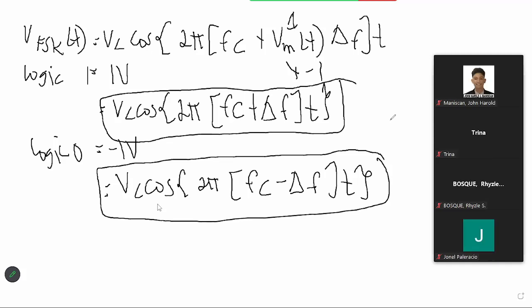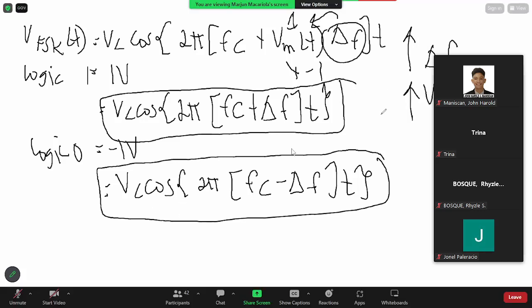As you can see in the general expression of FSK, we're dealing with peak frequency deviation, which is directly proportional to the binary modulating signal voltage. By definition, when we're dealing with directly proportional, an increase in peak frequency deviation is also an increase in Vm(t).